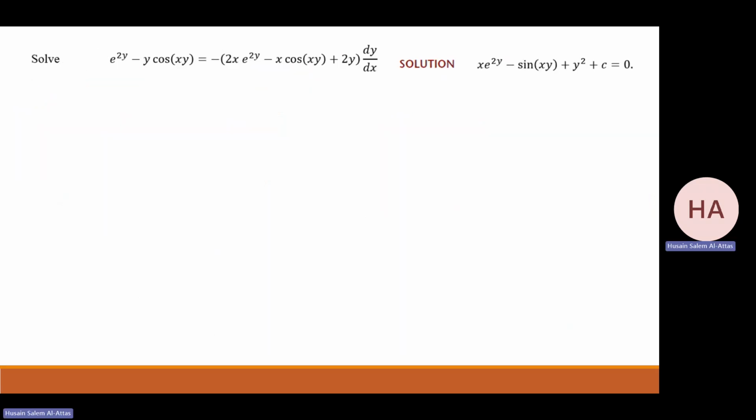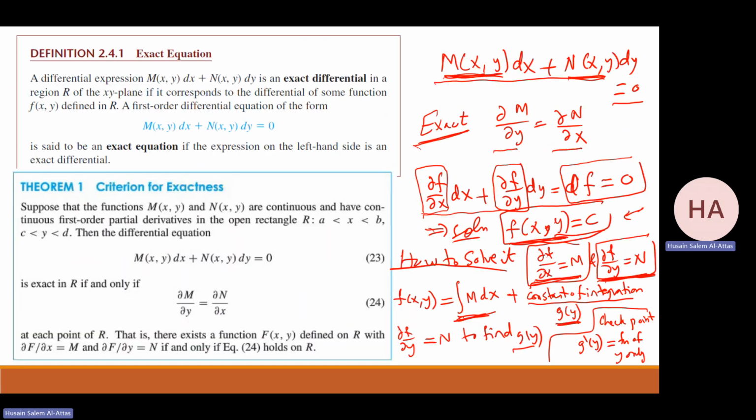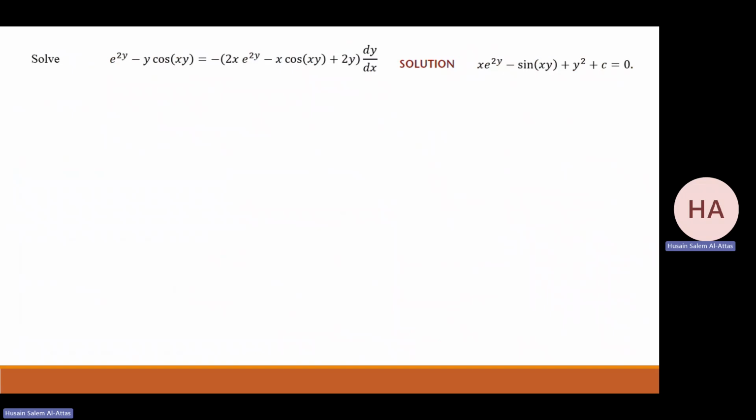Okay, sometimes you need to rearrange the differential equation. Yeah, you need to write it to check everything. I need to write it in this way. Usually, it's better to deal with the exact equation by writing it in this format. Okay, so I have what? e to the 2y dy minus y cosine xy dx.